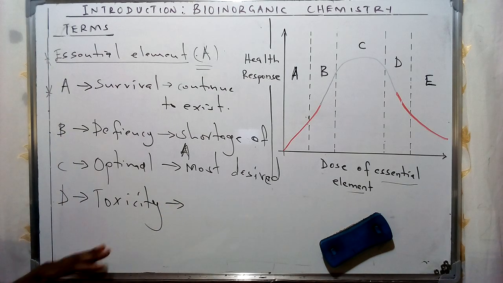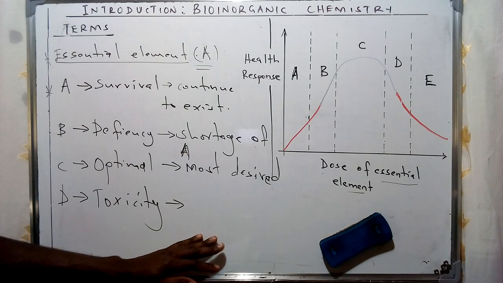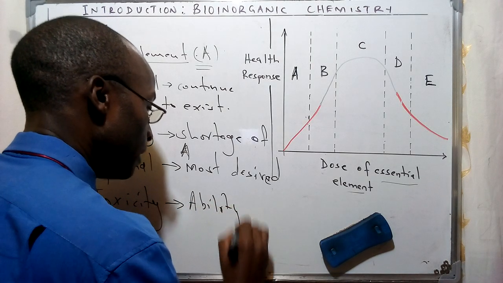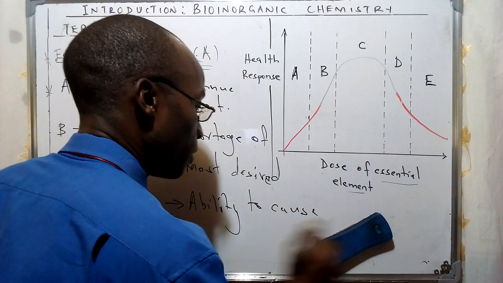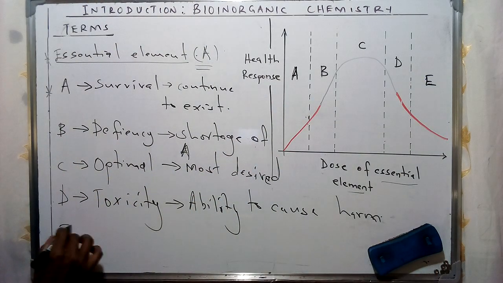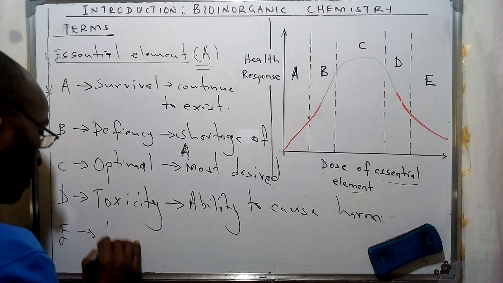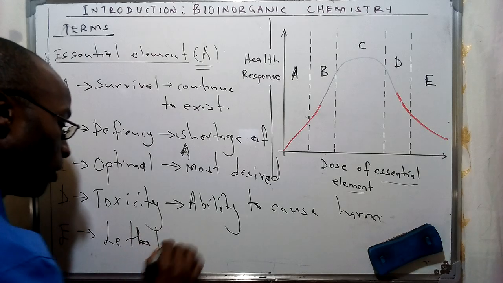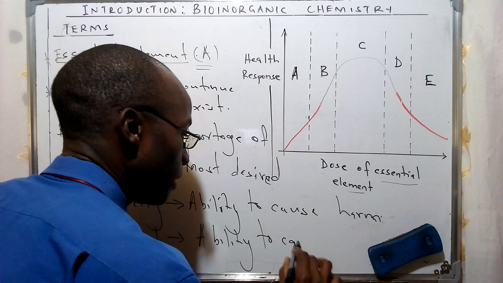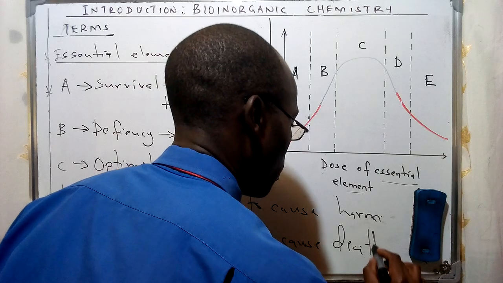In this stage, there is an unpleasant or harmful effect on the organism. And of course, this is a concentration of an essential element whereby it has the ability to cause harm, which is given in terms of toxicity. And then lastly, we shall look at the last stage, which I've given in terms of lethal. This is a concentration which has the ability to cause death, which basically means that this is one of the undesirable concentrations which can be experienced.